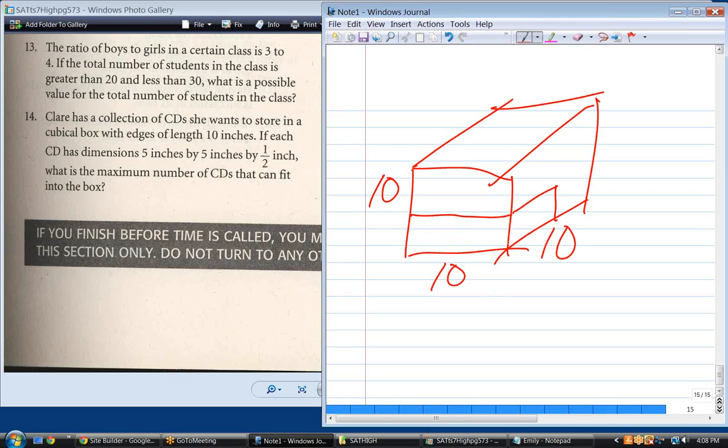She can fit exactly 20. Good. 80 is correct.